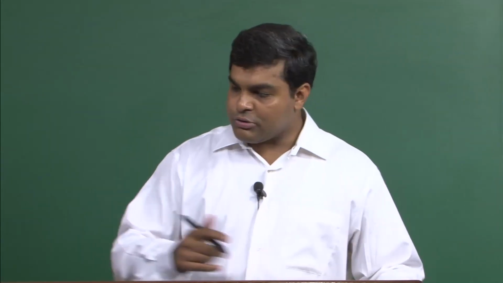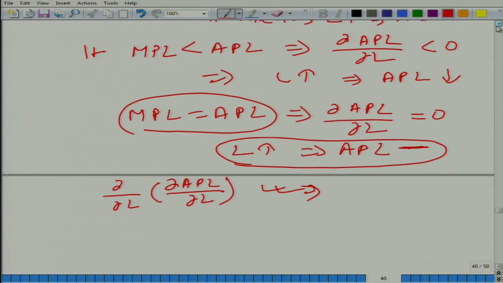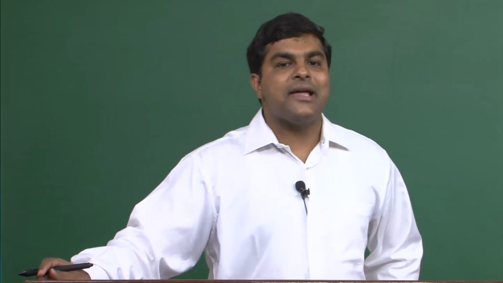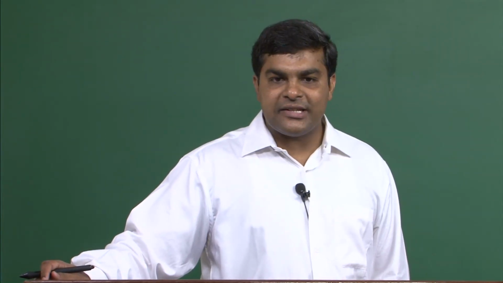It is very, very important. And also you should not get confused, because this is the common mistake when people say, what if MPL is decreasing? What would happen to the APL? Can you say that? Let us say that MPL is decreasing, what would happen to APL? We cannot make any comment. Why? Because let us look at this zone.